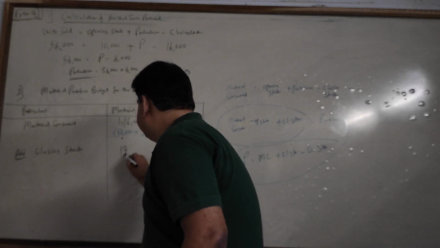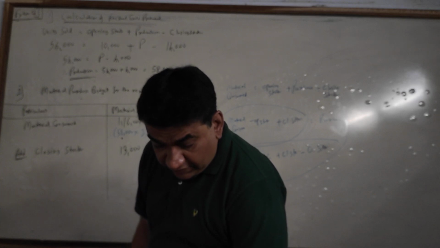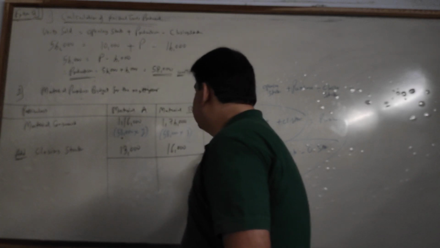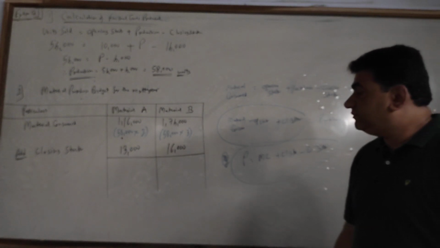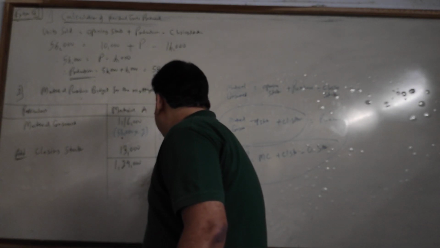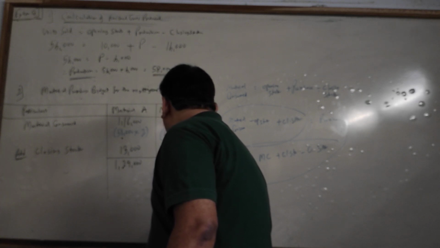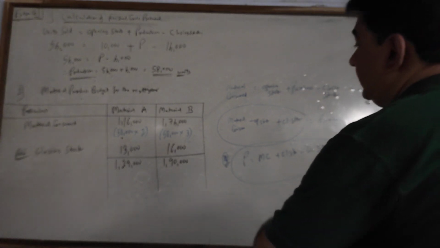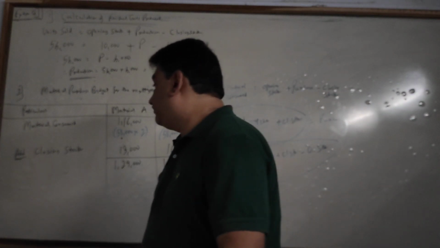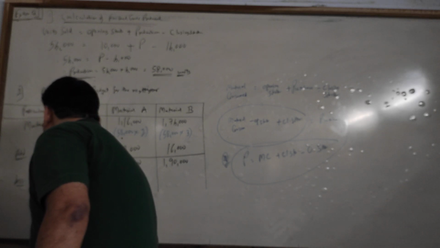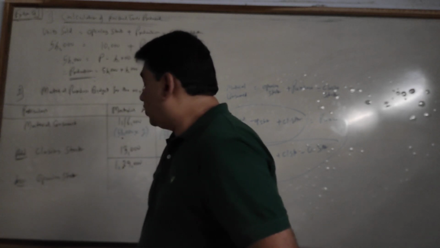Closing stock: 13,000 for A and 16,000 for B. Okay, just for presentation purpose, show the total. So 116 plus 13 is 129, and 174 plus 16 is 190. And from this we will deduct the opening stock.